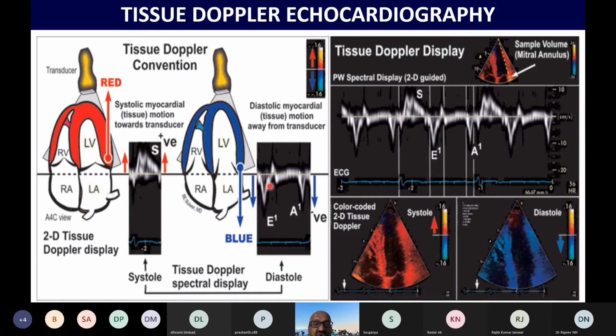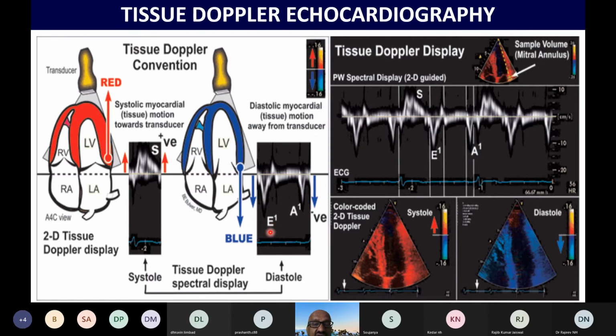movement. We are looking at the movement of the tissues away from the transducer. When the ventricle is relaxing, it is moving away from the transducer, and you get similar waveforms which are seen in the mitral inflow velocity, that is E and A. But to differentiate between the E and A wave produced by the mitral inflow velocities, this is labeled as E prime and A prime.